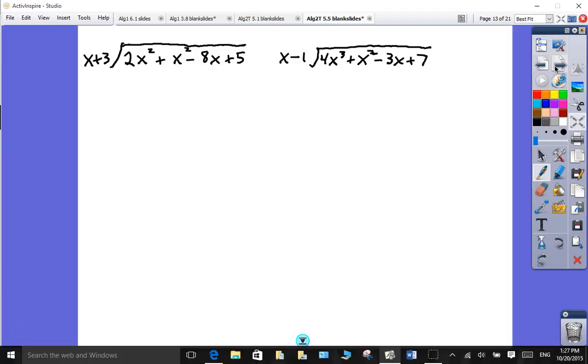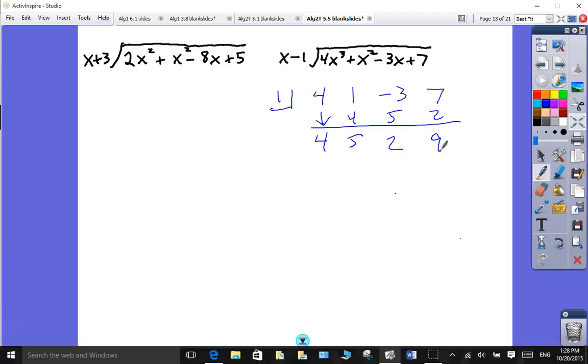So if I do the one on the right, I'm going to get 4, 1, -3, 7, and put a 1 in the bracket, bring down the 4. Does it look like I have it all set up? Now multiply. 1 times 4, 5. 1 times 5, 2. 1 times 2, 9.